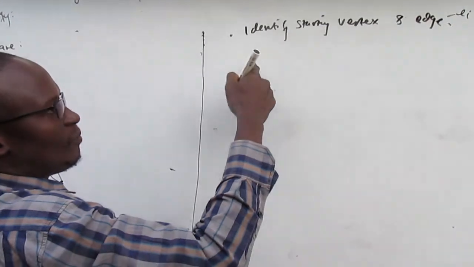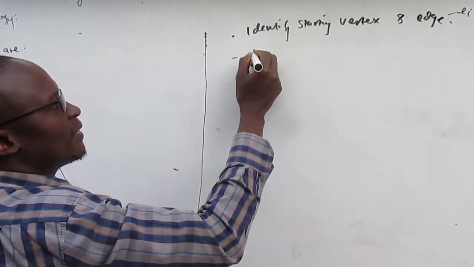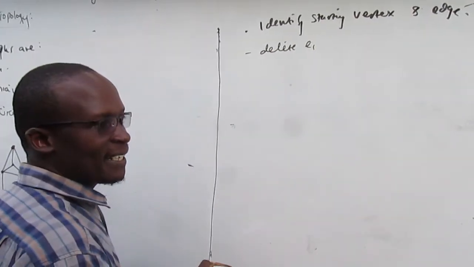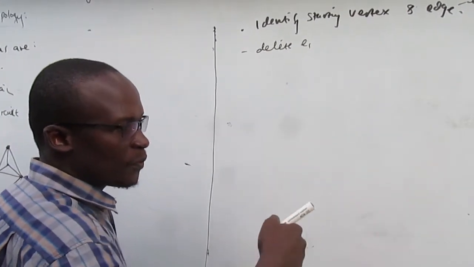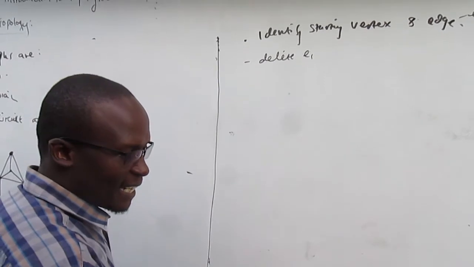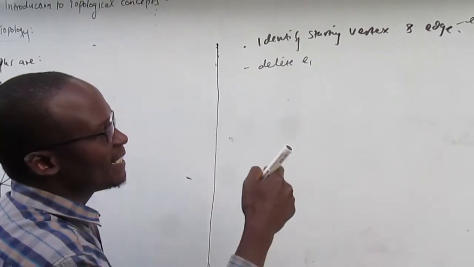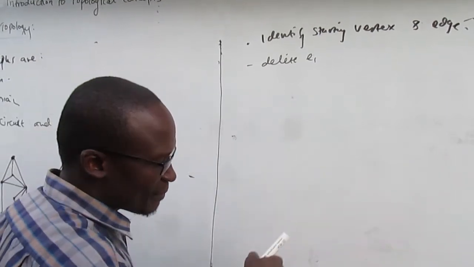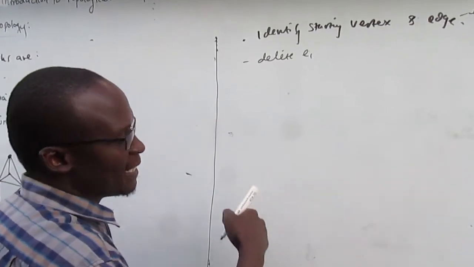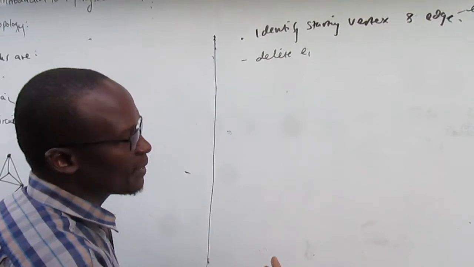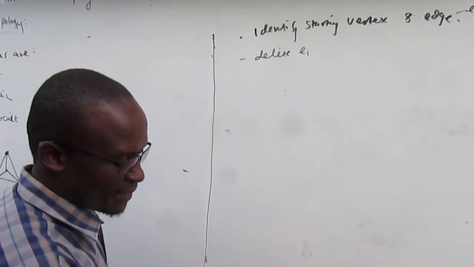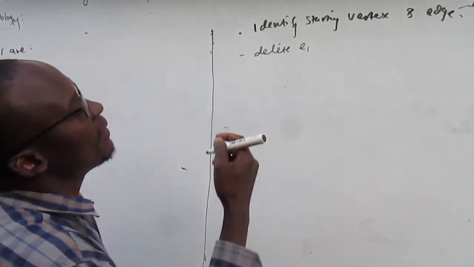Then you'll delete E1 and choose E2 from the connected graph that remains after deleting E1. The subgraph which remains after deleting E1 is what is called an allowable subgraph. You'll continue that process until you get your Euler circuit.